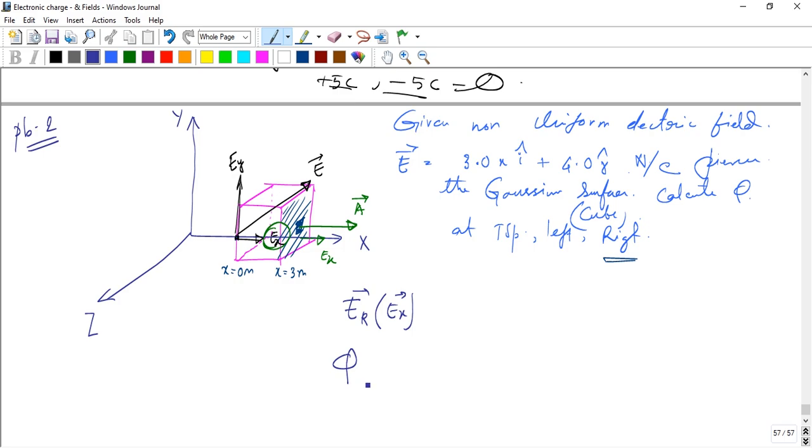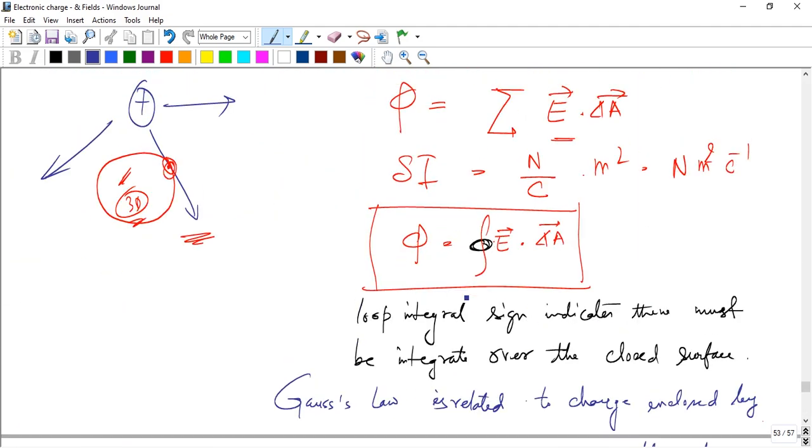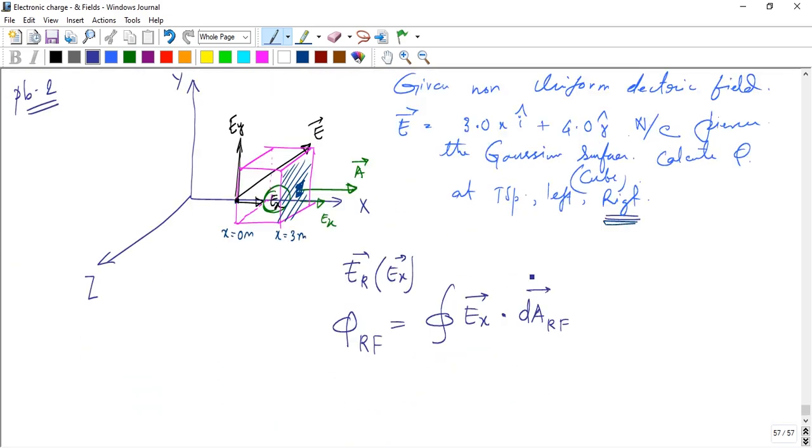So phi of the right face is equal to the closed surface integral of Ex dot delta A. This equation we get from phi equal to the closed surface integral of E dot delta A. Now the dot product means Ex delta A cos 0 degree.